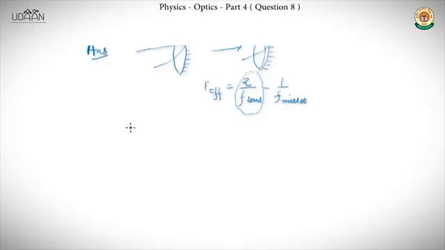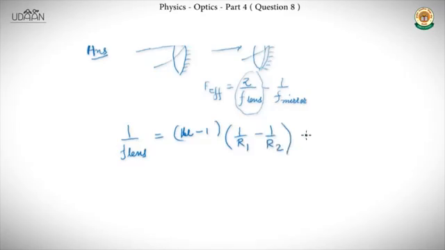Now, for the focal length of the lens, f of lens will be equal to (1.5, let's say mu, minus 1) times (1 by r1 minus 1 by r2), which will be equal to (1.5 minus 1) times (1 by 20 minus 1 by 60).